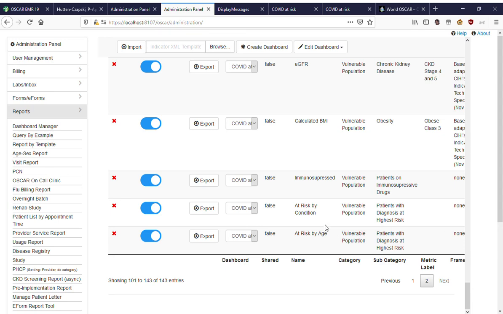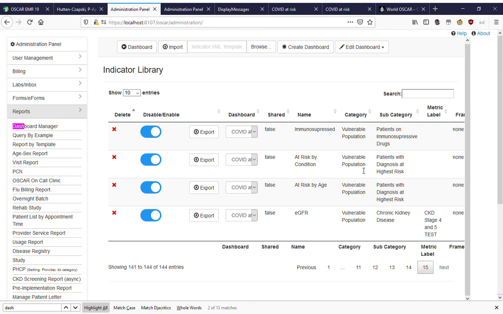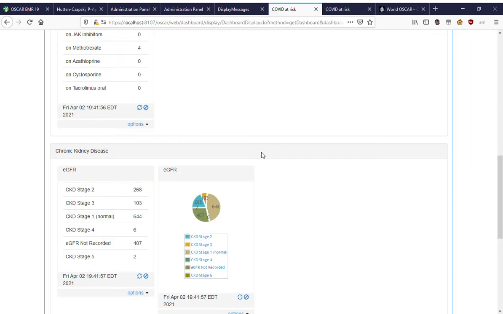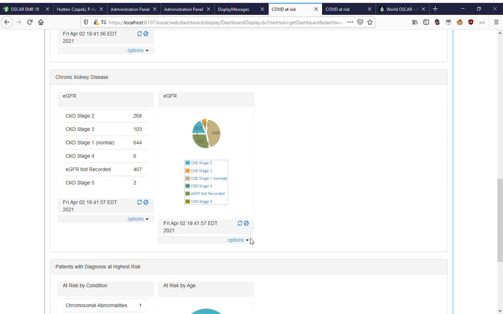Okay, so CKD 4 and 5 test. Let's find that CKD 4 and 5 test. Okay, so on this one we should be able to drill down safely.